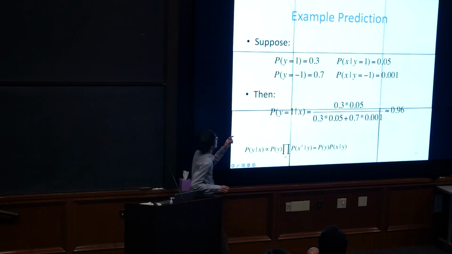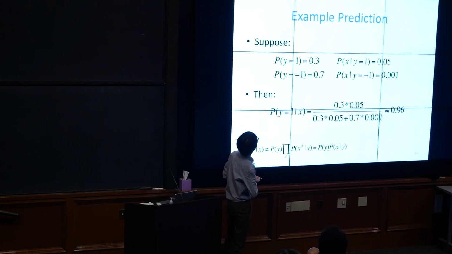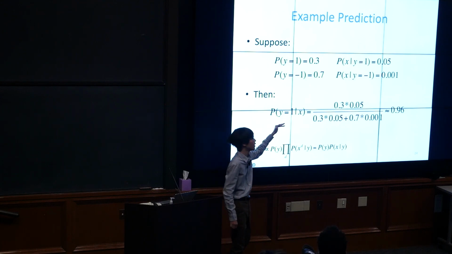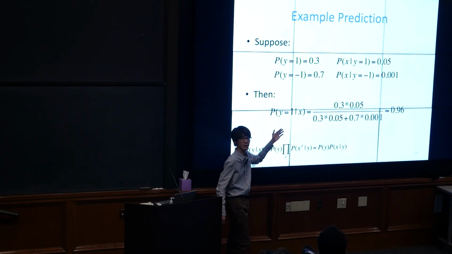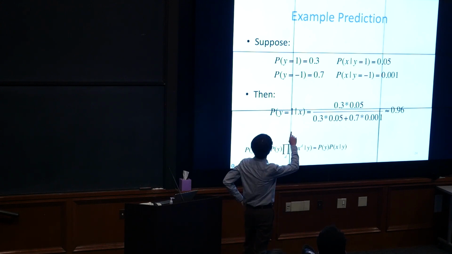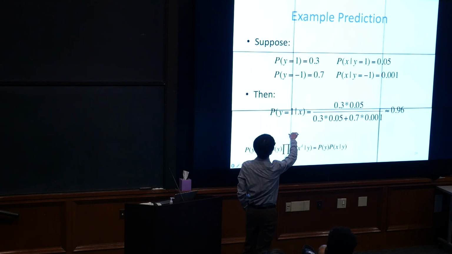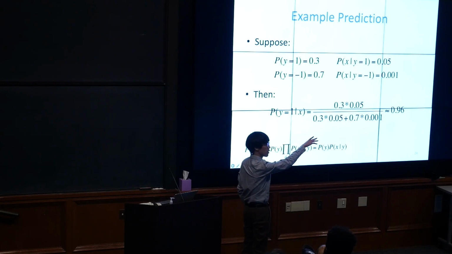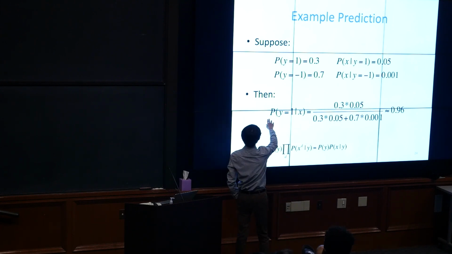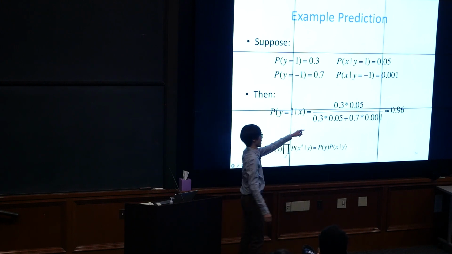Although it is really interesting, given these parameters, the intuition here is kind of difficult to build, because we're so used to seeing y given x. When we see probability of y being 1 is 0.3, probability of observing some x given y is 0.05, probability of y being -1 is 0.7, and probability of seeing x given y equals -1 is 0.0001, when you do the math, we see that the probability that y is 1 given x is like 0.96.